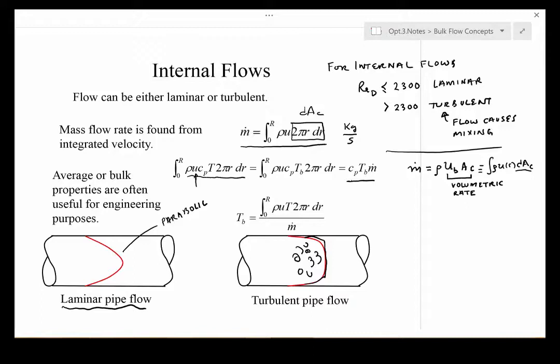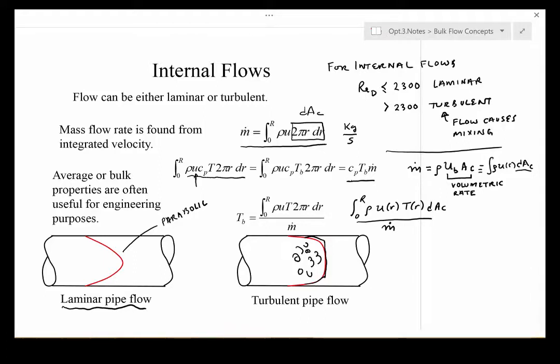So T_b is the integral of rho u T(r), where both u is a function of r and T is a function of r, times our differential cross-sectional area, divided by m dot. So we've divided Cp out of the system.